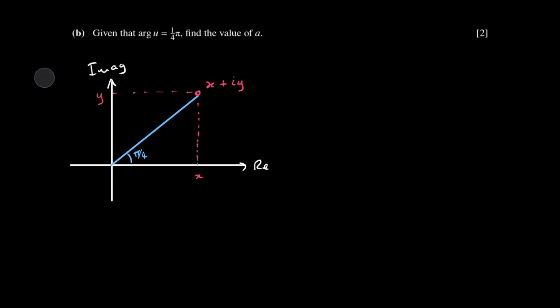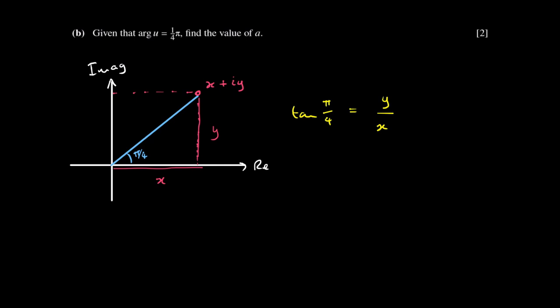But more importantly, from the point of view of the triangle, this length here is x, and this length here is y. So we could use our understanding of trigonometry to say that tan pi by 4 must be equal to the imaginary part, the y, divided by the real part, the x, because tan is opposite over adjacent.